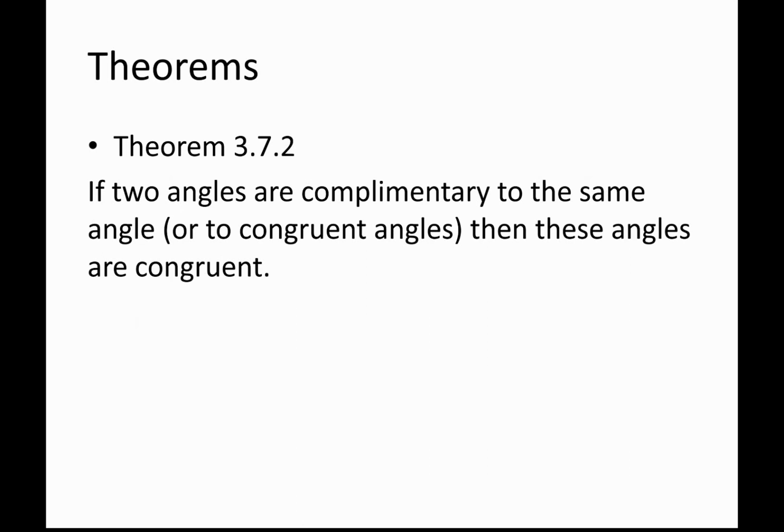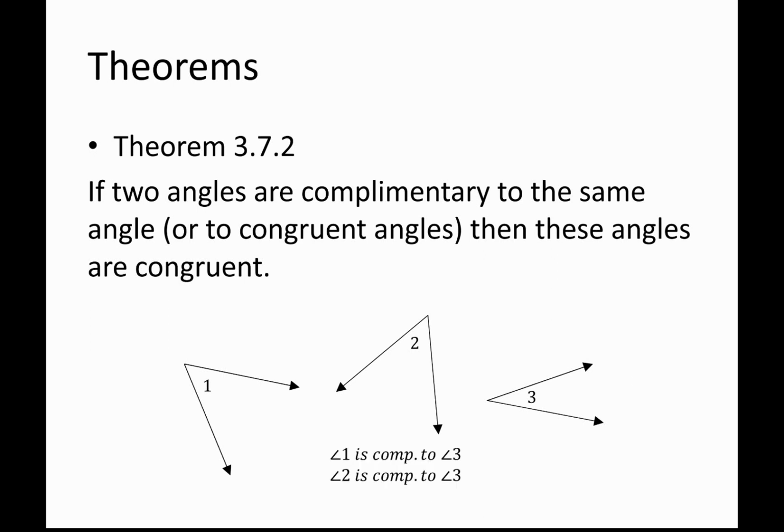Okay, the second theorem presented in 3.7 is if two angles are complementary to the same angle, or two congruent angles, then these angles are congruent. So I believe I have some figures for you on your lecture notes. So if angles 1 and 2 are both complementary to angle 3, then that means that they must have the same degree measurement, because that's the only way they're going to be complementary to the same angle.